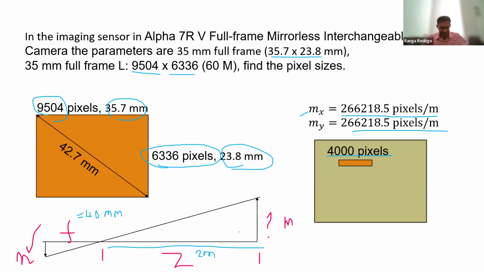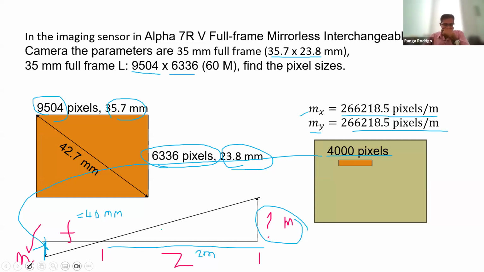Can you find the actual object size in meters? I think you can, right? Because you know this size, that is 4,000 pixels, and you can convert that to millimeters by using this number, and then you can do the ratio to find that in meters.